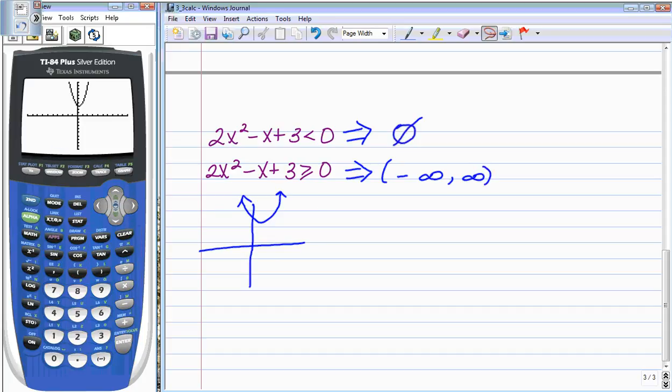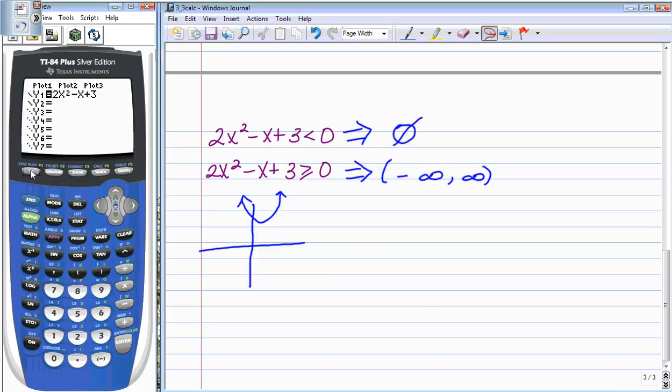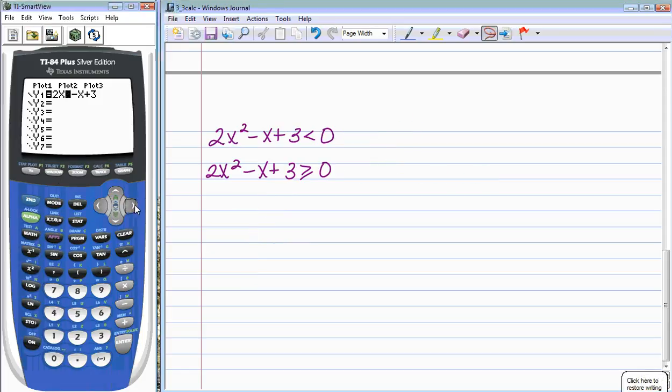Now, if I wanted to do this all on the calculator, I could, right? To do that on the calculator, I could say where 2x squared minus x plus 3 is less than 0. So if I do second math, less than 0 is option 5.